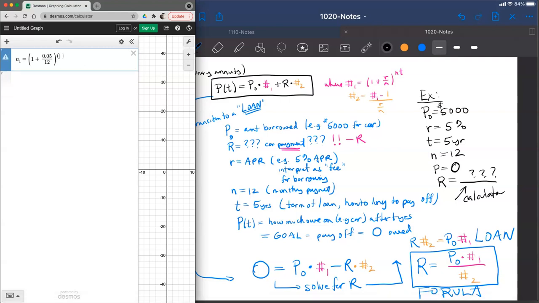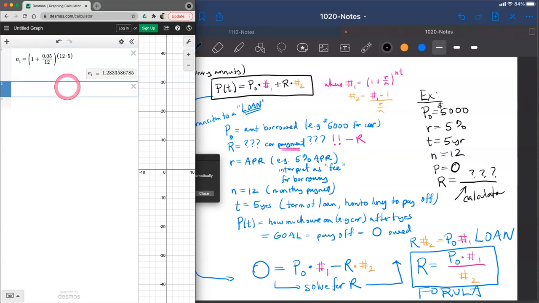We're going to raise that to the 12 times 5 years, since we had 5 years to pay this off. So there's our number 1 value. Number 2 is, as it was before, number 1 minus 1, and then we need to divide by the interest rate, 0.05 divided by 12.